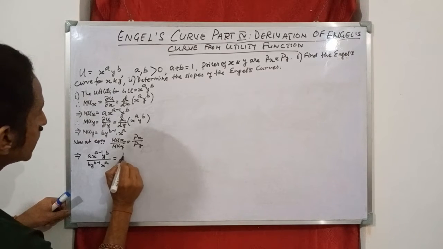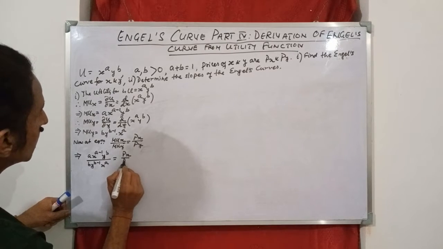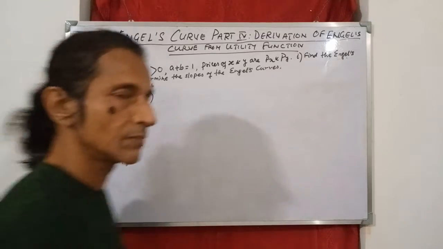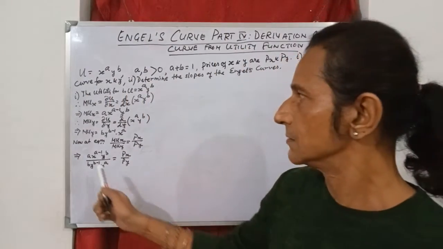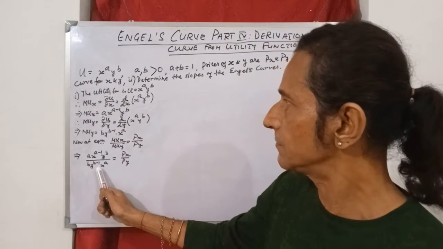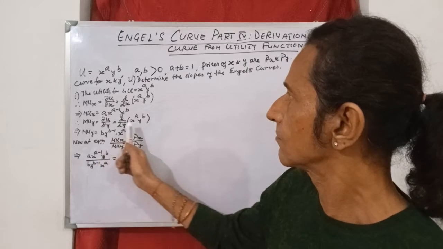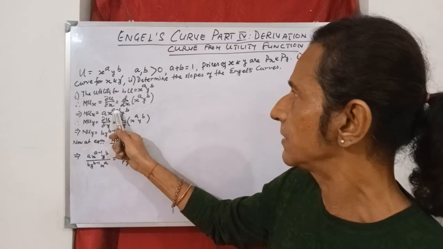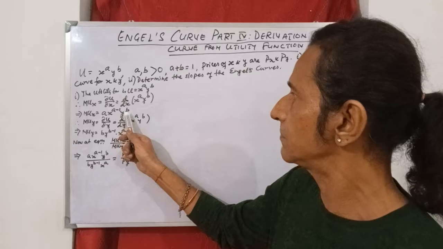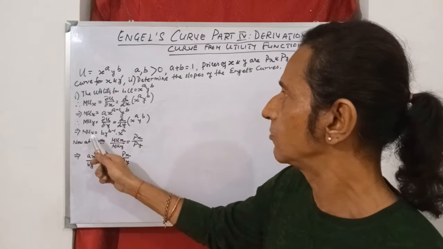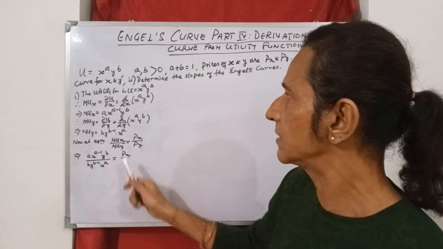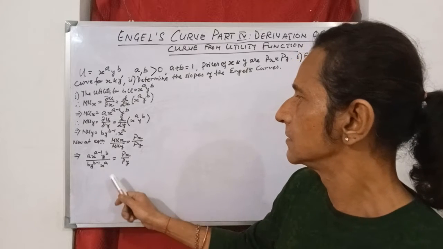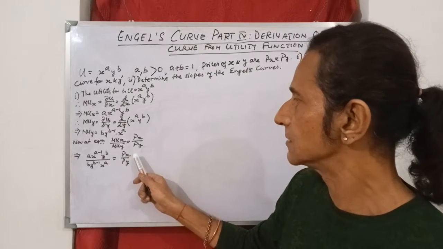This is equal to px over py. Mu x is a x to the power a minus 1 into y to the power b, and mu y is b y to the power b minus 1 into x to the power a, which is equal to px divided by py.